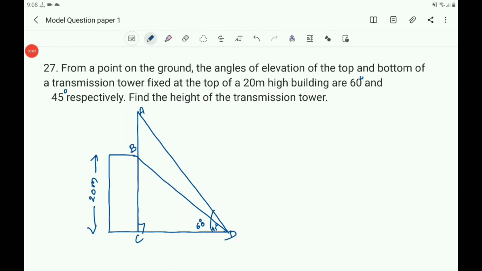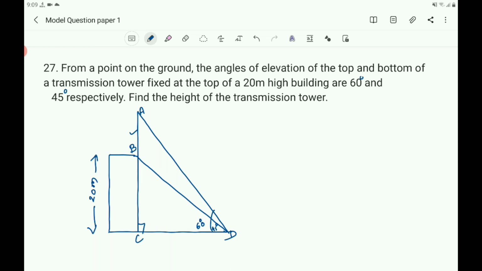Come to question number 27. What is that question? From a point on the ground, the angles of elevation of the top and bottom of a transmission tower fixed at the top of a 20 meter high building are 60 degree and 45 degree. Find the height of the transmission tower. Here AB is a transmission tower.